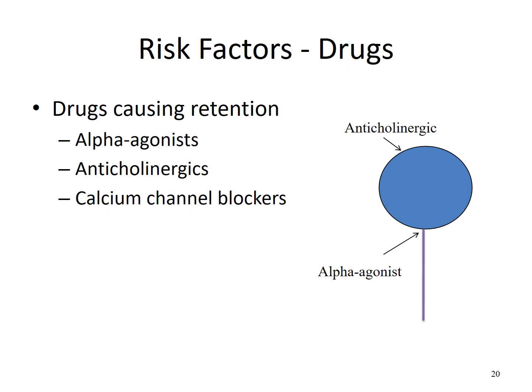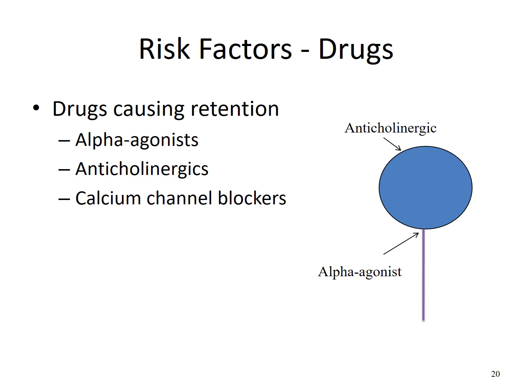The diagram you see on these slides is called a lollipop diagram, and this can be used to teach patients. It's a very simple way that we use to explain the effects on the bladder. The blue circle is the bladder, and the stick on the lollipop represents the urethra. We can show at the neck of the bladder that alpha agonists, medications like decongestants, affect the sphincters, so it contracts the sphincters, and individuals do not urinate.